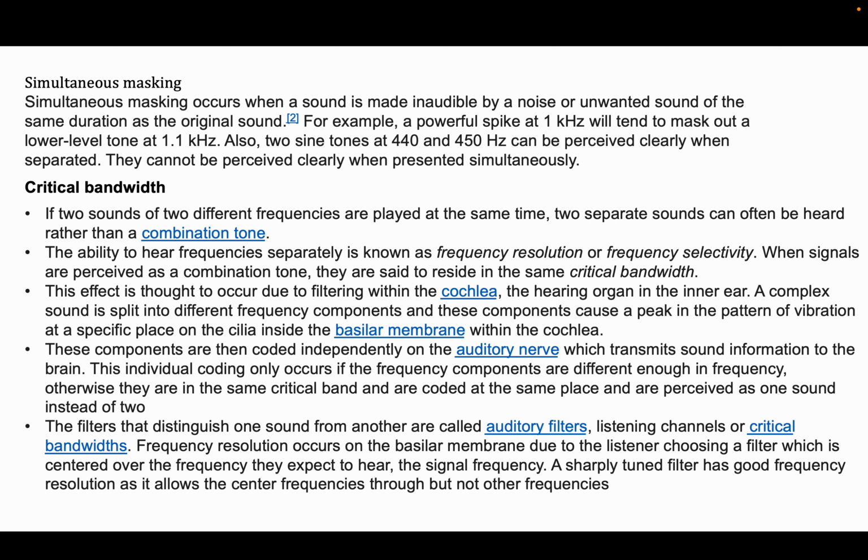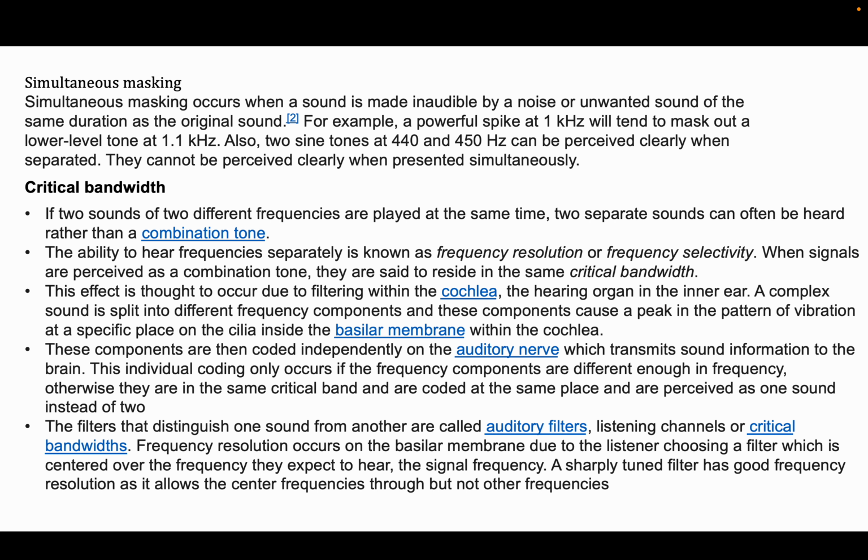If two sounds of different frequencies are played at the same time, the separate sounds can often be heard rather than a combination tone. I did a lot of work on this at one time when I worked with an audiologist colleague many years ago, and he was very interested in this: if the sounds are close enough in frequency and they're played together, you cannot perceive the two different sounds.